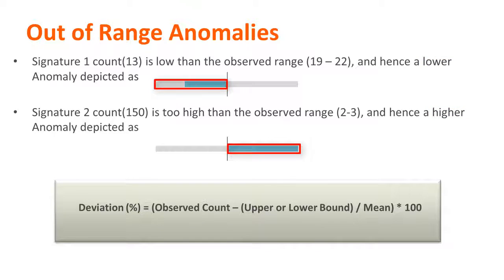The bar visually represents the deviation factor, which is calculated as a percentage. It tells you whether the anomalous record deviates from the common pattern on the lower side or the higher side, and the amount by which the deviation occurs. This means how far the anomalous records lie as compared to the normal range. The bar is split into two parts by a vertical line.